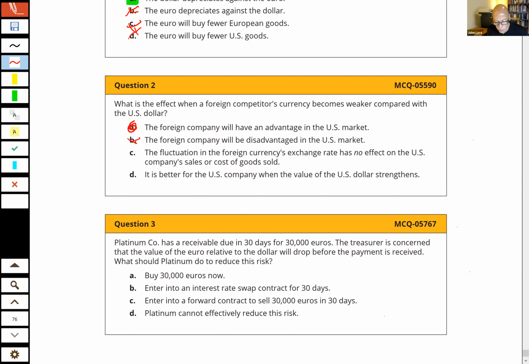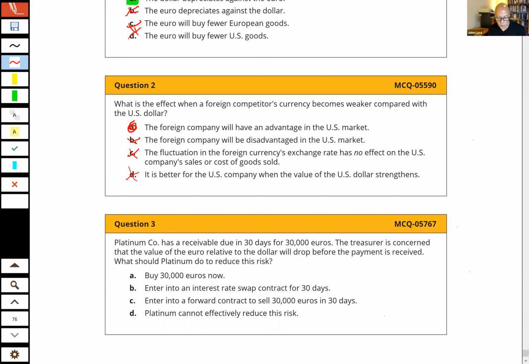The fluctuation in the foreign currency exchange rate has no effect. That's obviously nonsense, okay? And then, it is better for the US company when the value of the US dollar strengthens. No, it's not, because now our exports are going to be more expensive because it's going to require more of the foreign currency to acquire the dollars needed to pay for that.